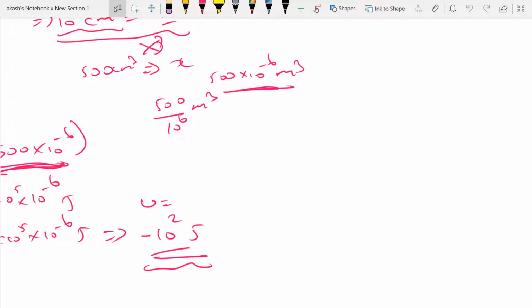Against a pressure of 1 atm. Wait. Fine. Anyways, just remove that part, against the pressure of 1 atm.